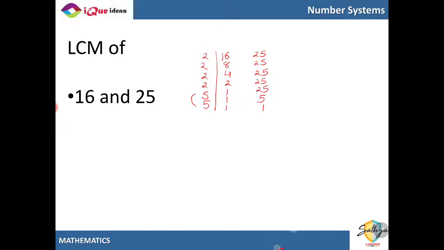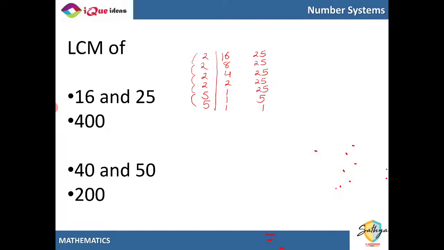So 5 5s are 25, 25 2s are 50, 50 2s are 100, 100 2s are 200, and so on. The final LCM of both these numbers combined is 400. Now find the LCM of 40 and 50, and you should get the answer as 200.